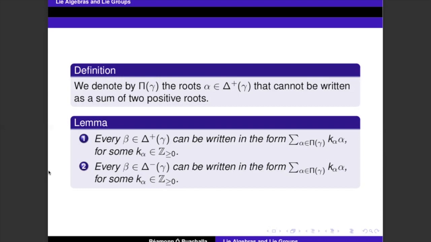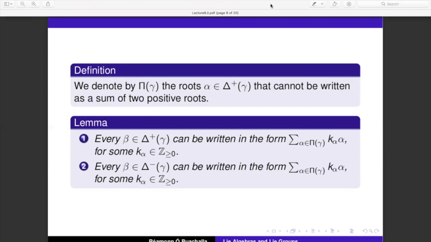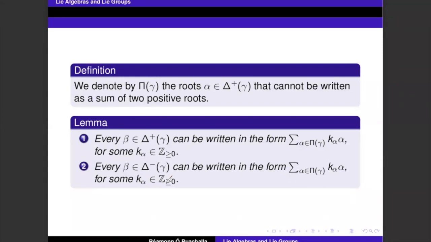That's a typo, it should be less than or equal to 0, of course. This is important because for pi of gamma to be a basis, it needs to span the root system in this positive and negative integer coefficient manner, and it needs to be a basis for the whole space. So if we prove this lemma, we're halfway there.